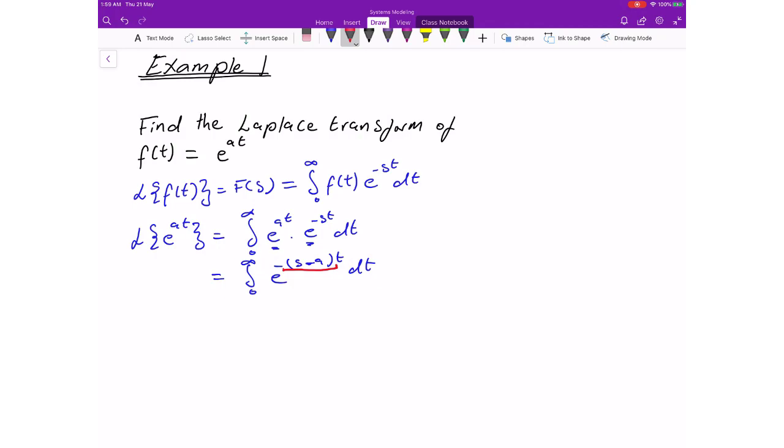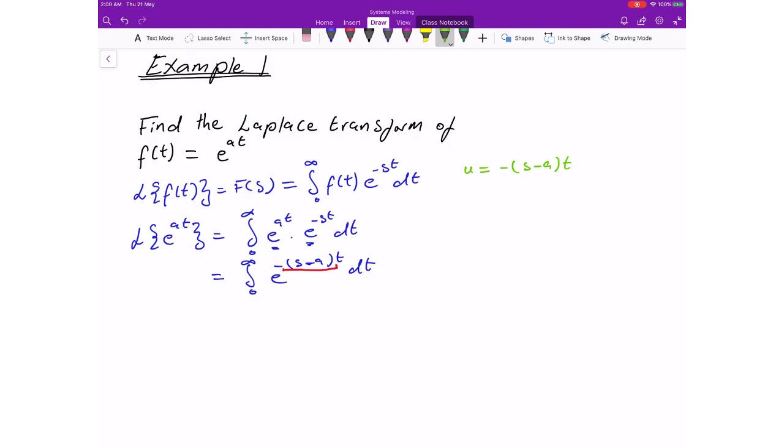So s minus a is just a constant. So we can use the u substitution. Let u be equal to minus s minus a times t.